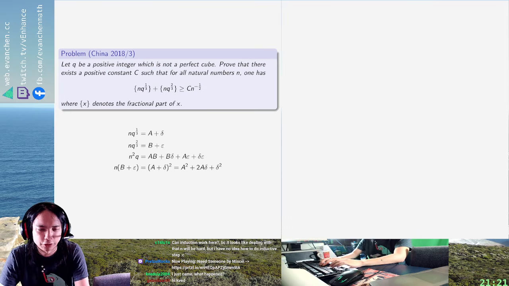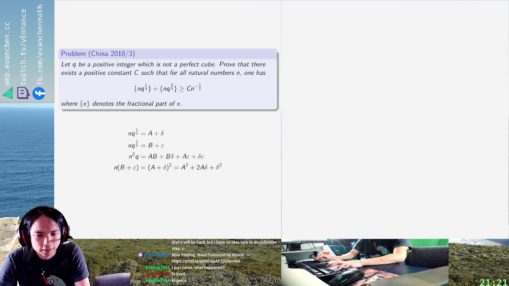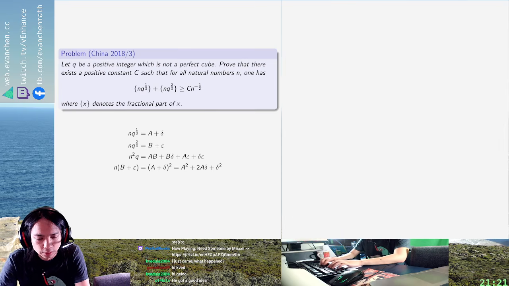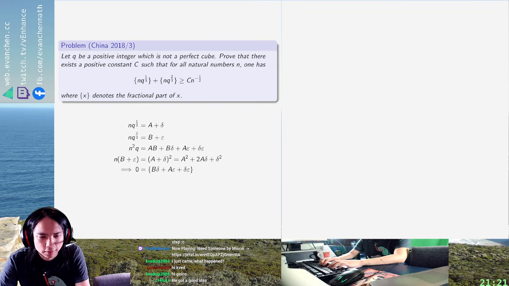So what are the fractional parts that are promised equal? This implies two things. The fractional part of b delta plus a epsilon plus delta epsilon is 0. And also, taking fractional parts, the fractional part of n epsilon is equal to the fractional part of twice a times delta plus delta squared.